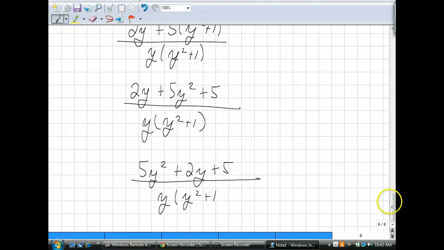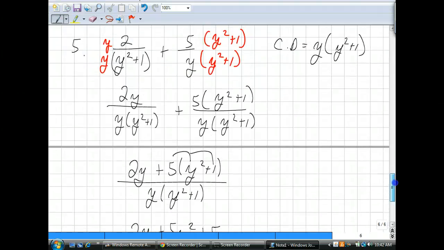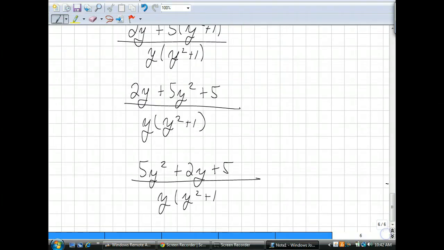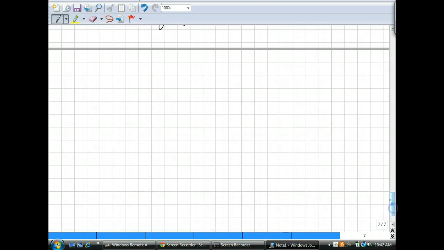Right, and let's do one more. So number 6. We have a over b minus a plus b over a minus b. Now we need the same denominator, and here's a little trick.